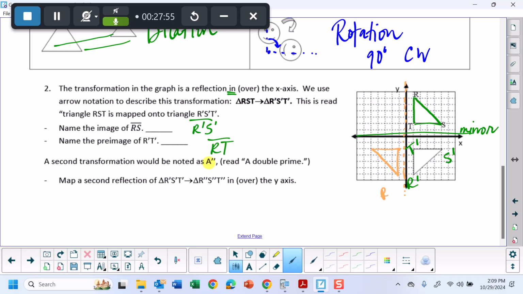When I talk about corresponding vertices, and I flip it over, S double prime, T double prime, and R double prime, over that y-axis. Are we okay on that?